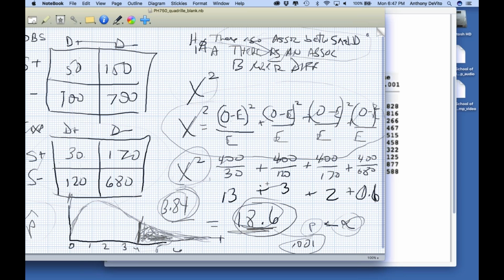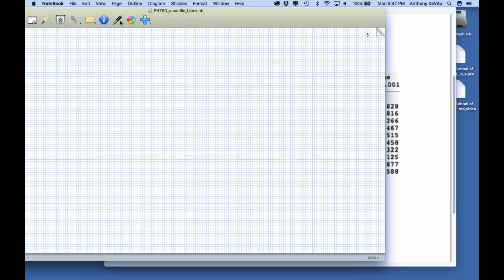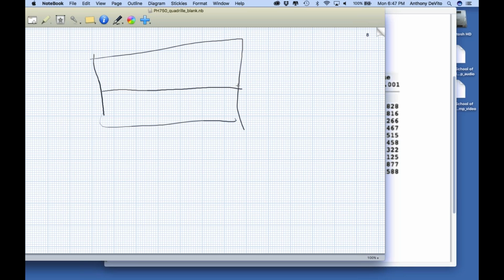Now, just one other thing is that when we're dealing with this, you can also have more than one row and one outcome. For instance, let's say left-handed people and right-handed people. How likely are they to have diabetes?